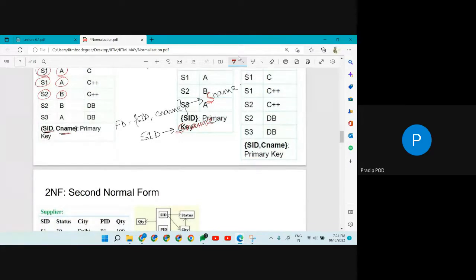Let me write here: SID, CNAME, we can derive SNAME. And by looking at this data, we can also say SID derives your SNAME. Now it is clear, there are two functional dependencies: SID, CNAME derives SNAME, and SID derives SNAME.